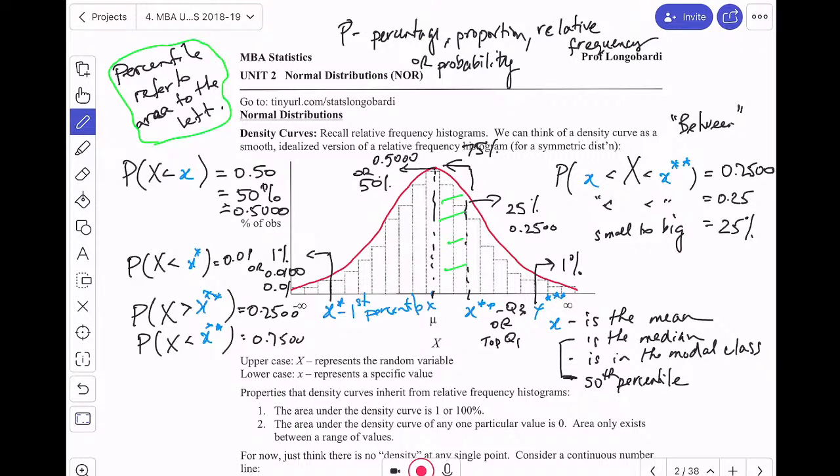Okay, so X triple star is in the top 1%, which is important, right? If these were grades or spenders, these are the top 1%. Spenders spend more than this amount. That's percentile. All right. Any questions?